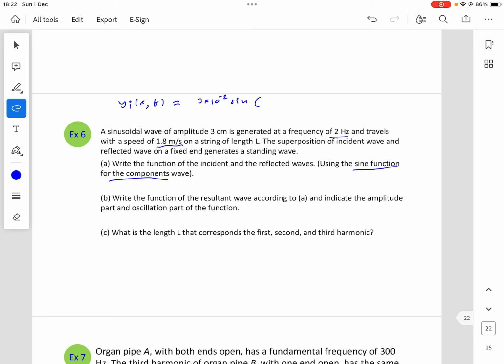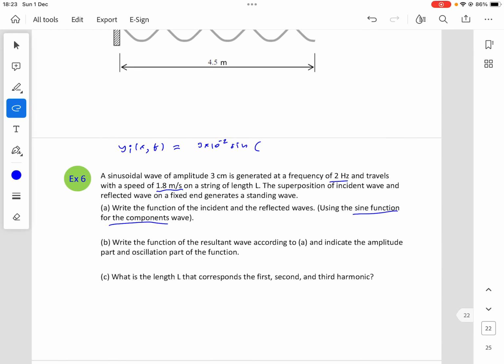And we know the frequency, so we have to find the lambda to get the wave number. So v equal to f lambda, and lambda is v divided by f. You know that v is 1.8 meter per second and frequency is 2 Hz, right? So this is like 0.9 meter.